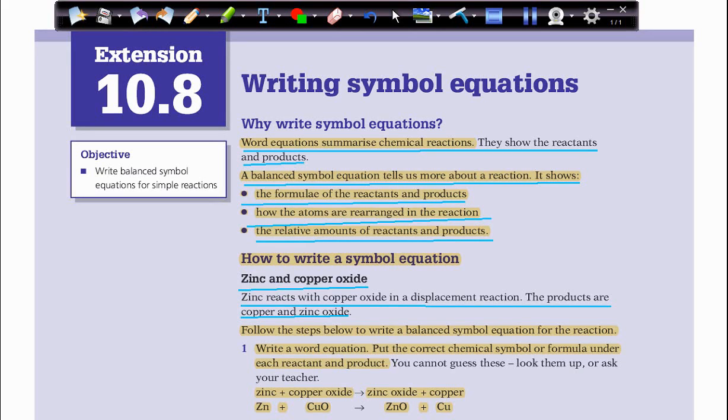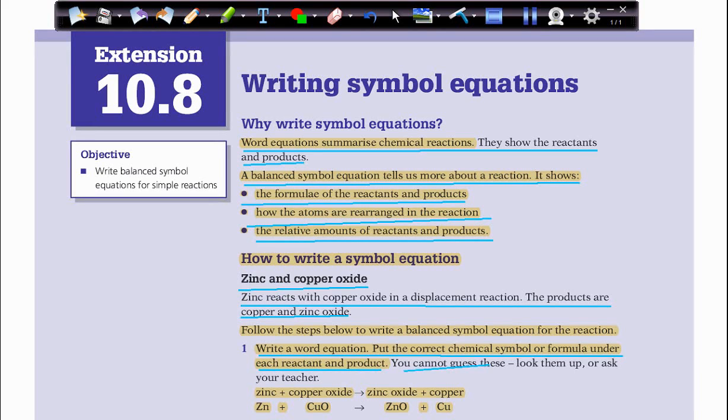So I'm going to use the word equation and then the symbol equation. How can I use the symbol equation to write about the zinc and copper oxide reaction? I need to follow these tips and write balanced symbol equations. First, I have to write a word equation, then put the correct chemical symbol or formula under each reactant and product.